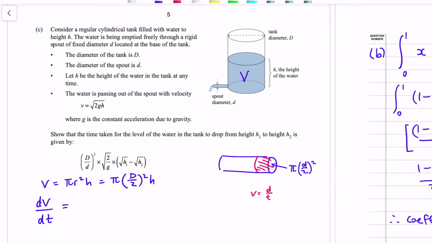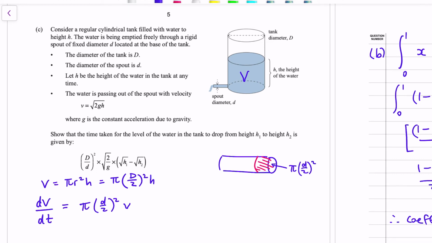So what we have there is the dV/dt is that area of the spout times the speed that the water goes out.